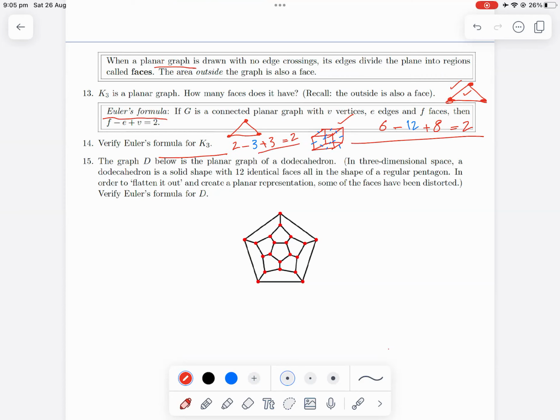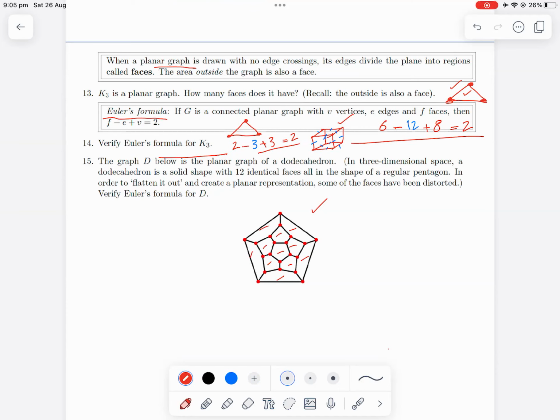Now this one is like this polygon, sorry, the graph is also okay. So outside 1, 2, 3, 4, 5, 6, 7, 8, 9, 10, 11. Okay.